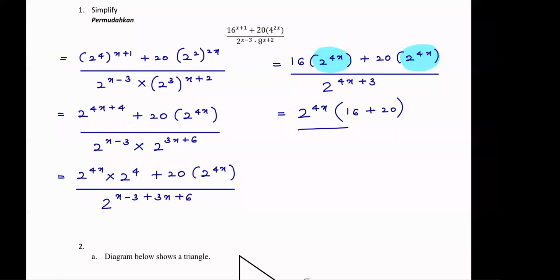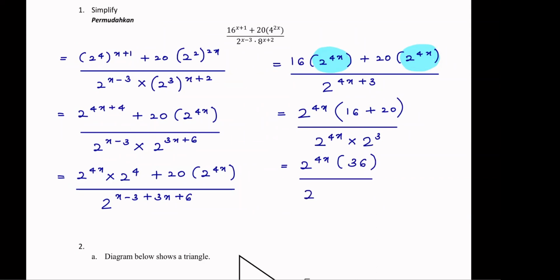Okay, yang bawah tu pula saya nak pecah dia. Okay, again saya nak pecah dia tau. Is 2 4x darab 2 3. Faham? Okay, so kalau you nak bagi nampak lagi cantik, 2 4x is 36 over 2 4x is 8.